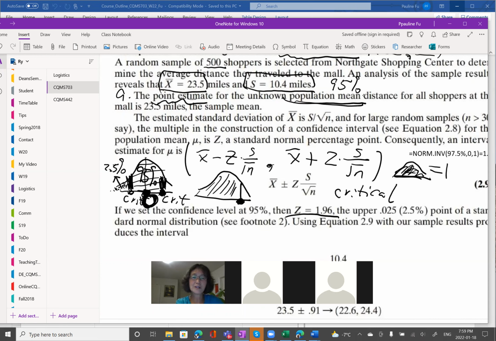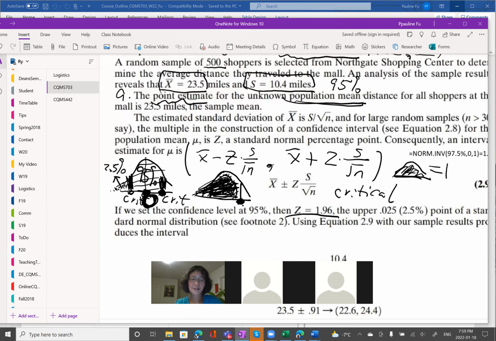Okay, now you tell me, what is the area to the left of this point? You have this central 95 and this little tail 2.5. So come together. What is the whole area on the left-hand side of here? It'd be 97.5.